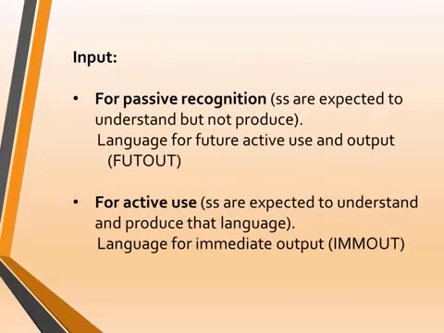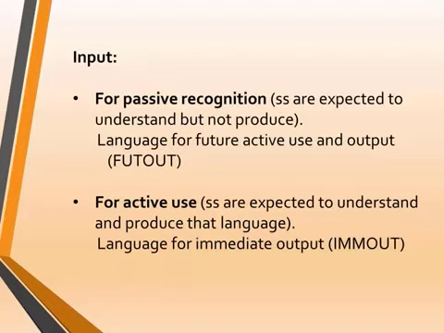Let us begin our analysis focusing on input. In teaching terms, input can be divided into two categories. On the one hand, there is the input that is going to be used in class for passive recognition. That is, students are expected to understand that language but not produce it yet.